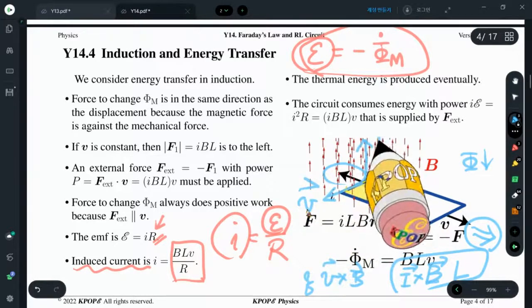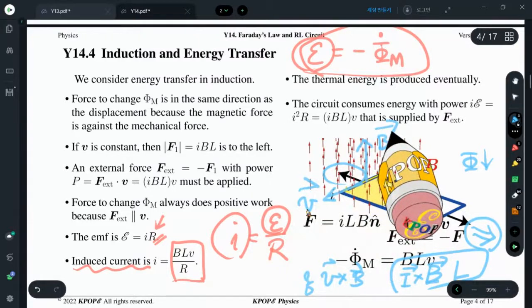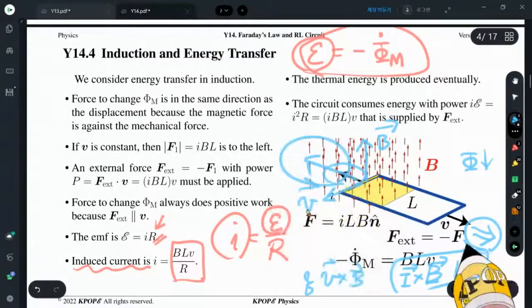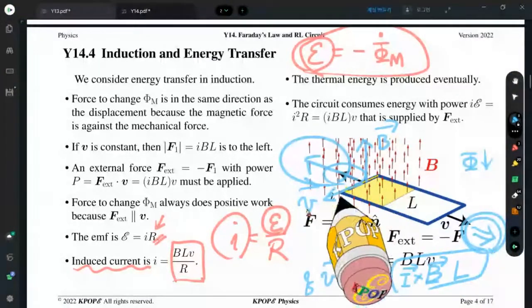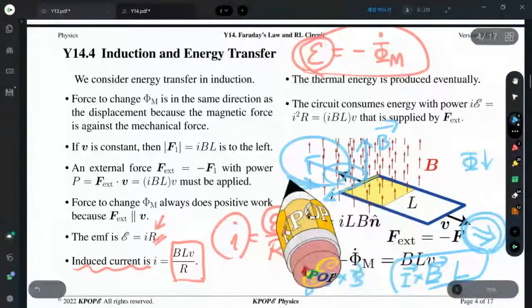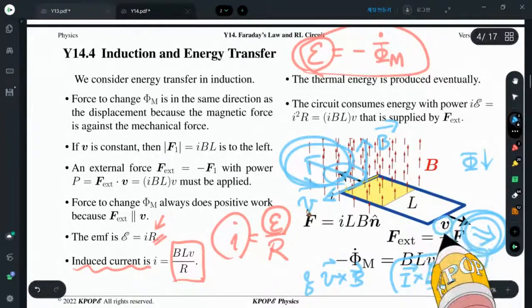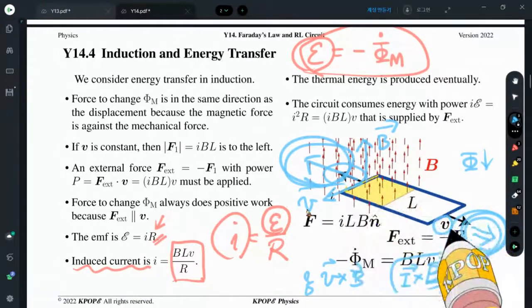V cross B is in the opposite direction. So your force and the magnetic force make an equilibrium to keep the velocity of this current loop constant.